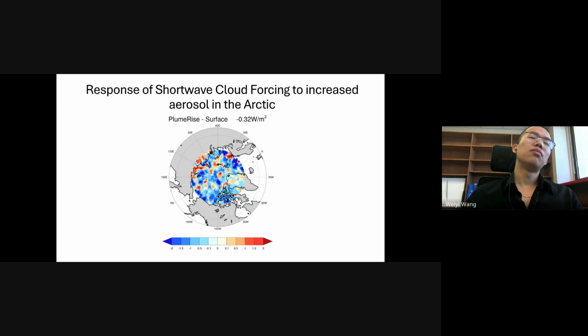So as the cloud properties are modified, the shortwave cloud forcing is changed, as shown in this panel. The blue color means that the cloud forcing has a cooling effect, and the shortwave cloud forcing decreased by 0.32 watt per square meter in the Arctic.